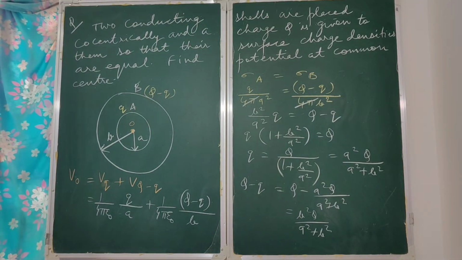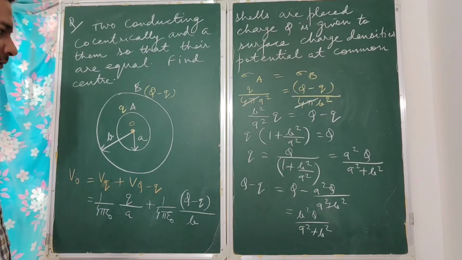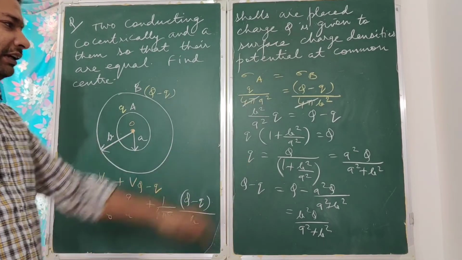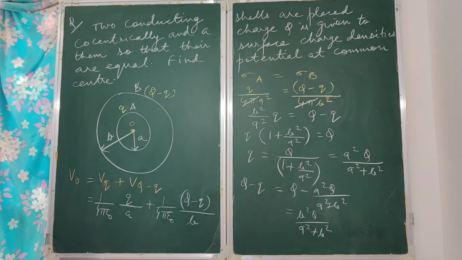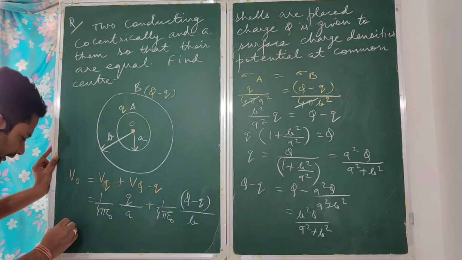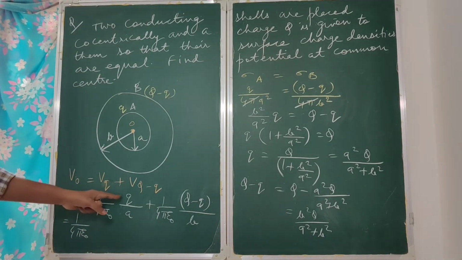So now from here we can find the value of common potential, because we have already determined what is a small q and what is capital Q minus a small q. We just need to substitute the values. 1 by 4 pi epsilon naught is common here.